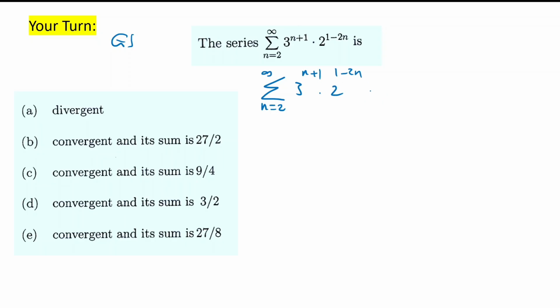And this is equal to, let's prepare a little bit with the index here. So this is 3 to the power of n times 3 to the power of 1, times 2 to the power of 1 over 2 to the power of 2n, right? From n equals 2 to infinity.